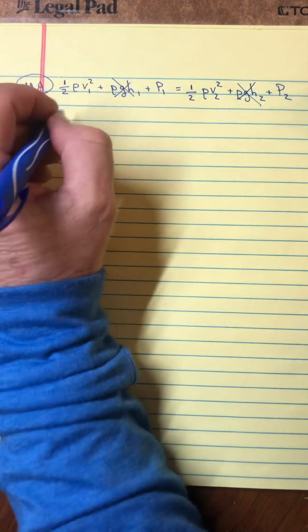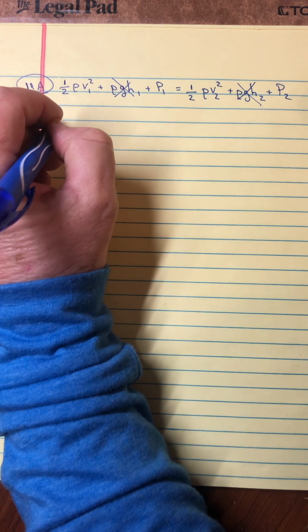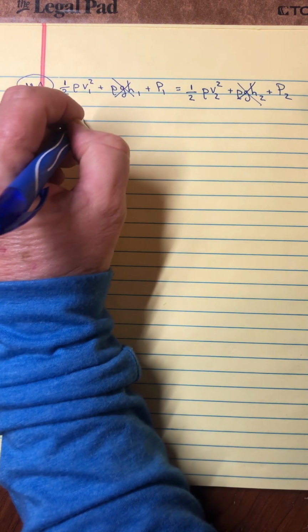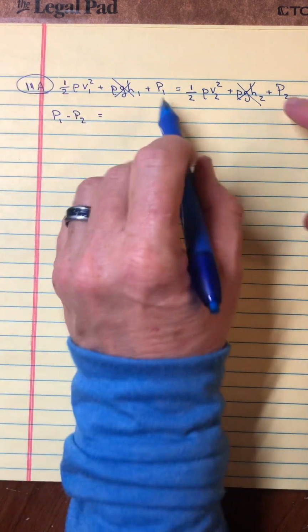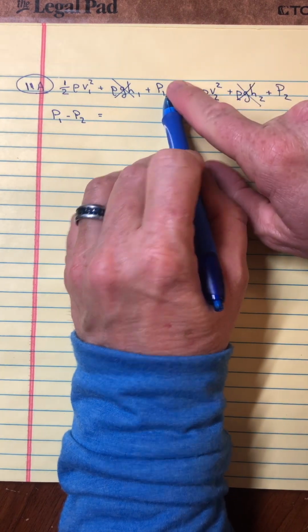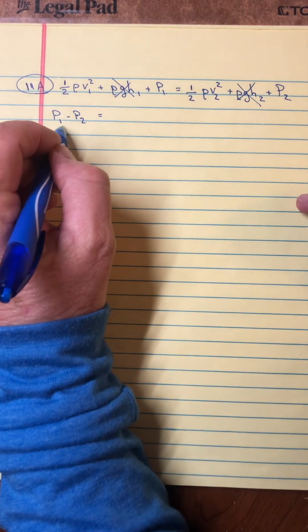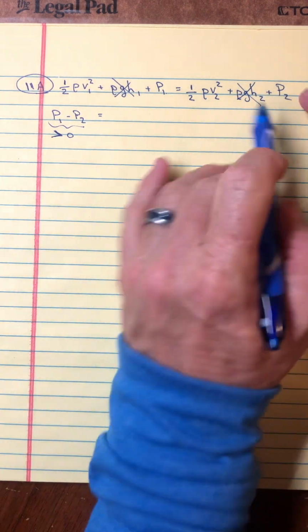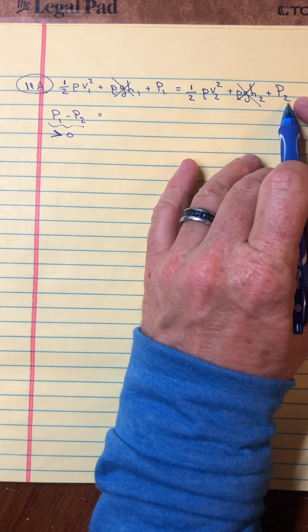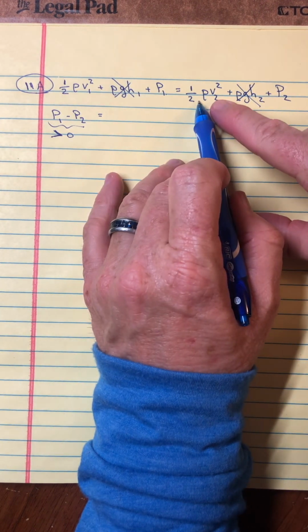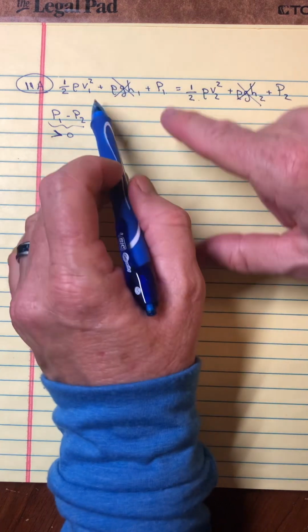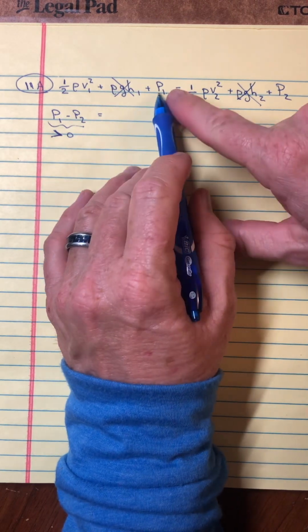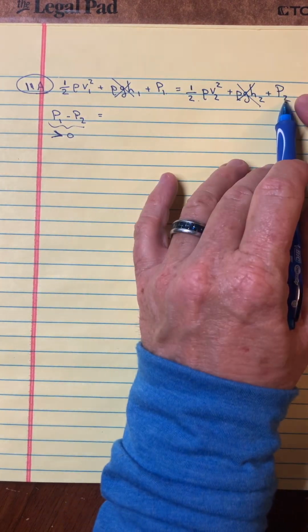So I'm going to write this as P1 minus P2, by bringing the P2 to the other side. And I'm going to say that this right here then is going to be greater than 0 because pressure number 2 is going to drop. And basically it's because this speed picks up. And so in terms of energy, what we're saying here is we're going to lose pressure energy. And where does it show up?